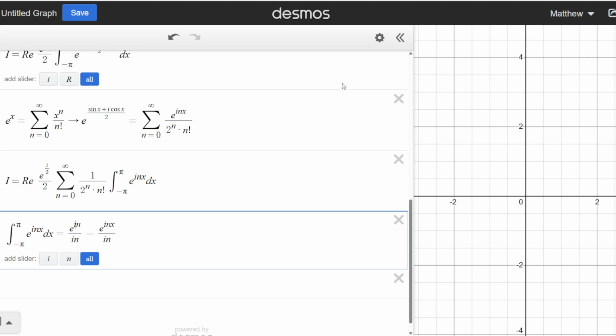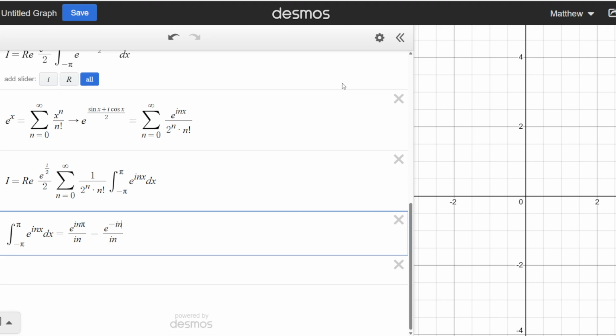So we get i n pi, and then negative i n pi. Great. Okay, we have a common denominator here, so we can just say that this is minus this.